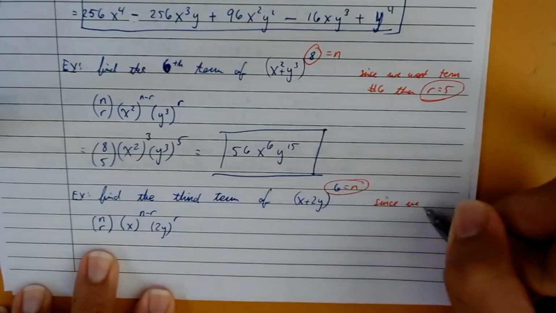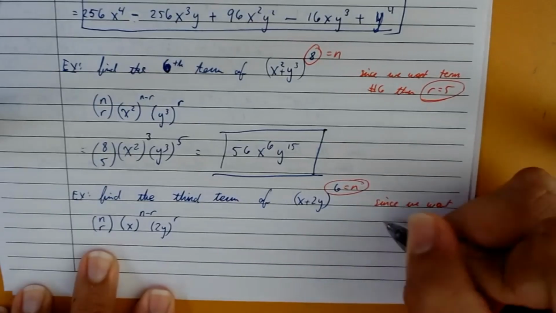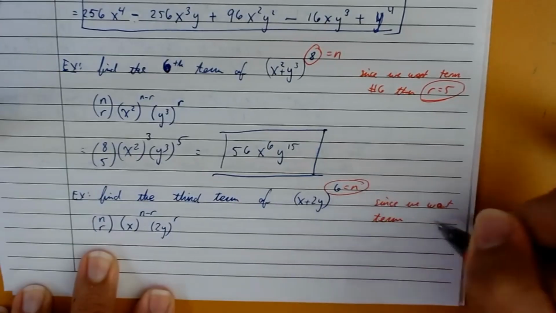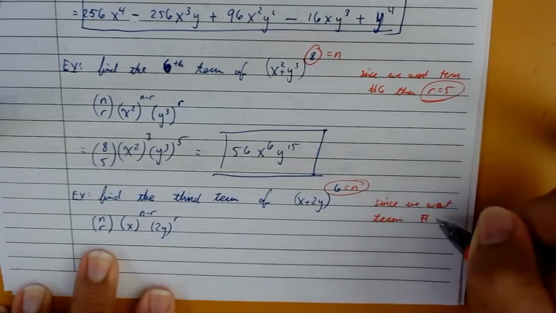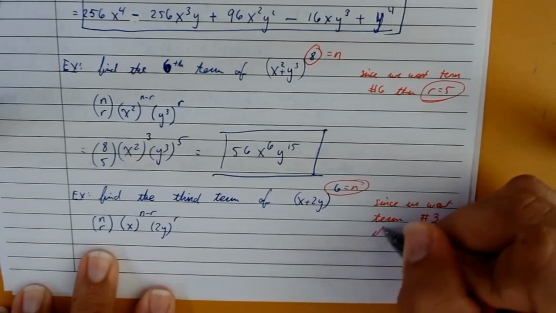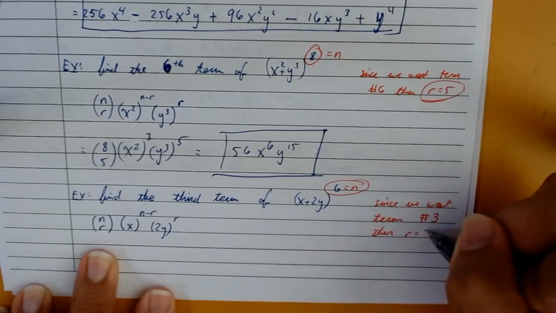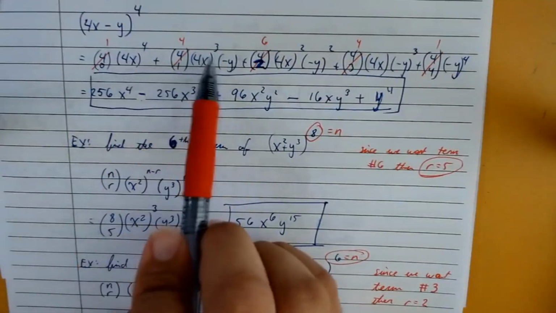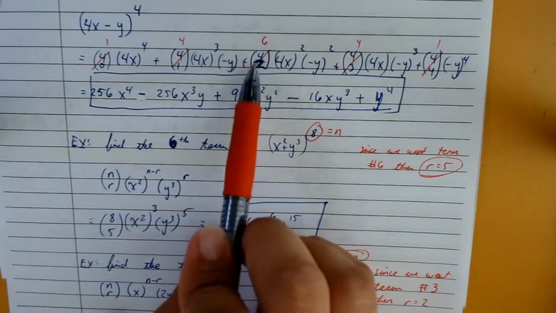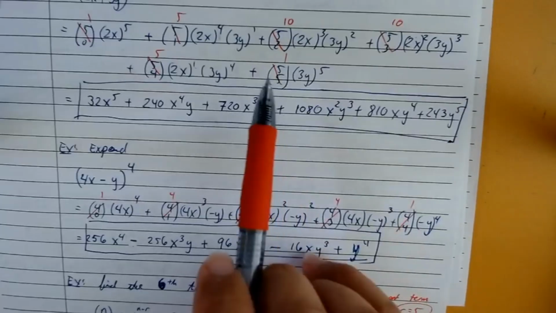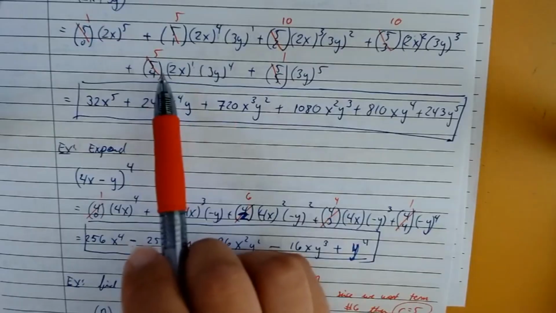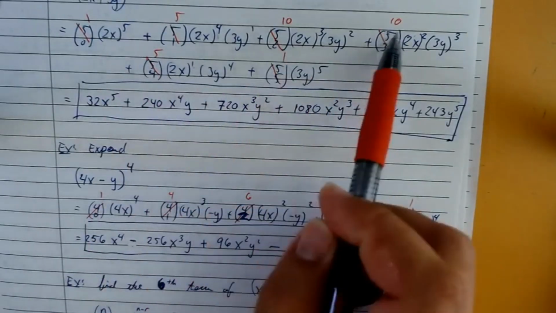Since we want term number 3, then we have r is equal to 2. Right? The third term uses r equals 2. Up here, the fifth term uses r equal to 4. 1, 2, 3, 4, 5.